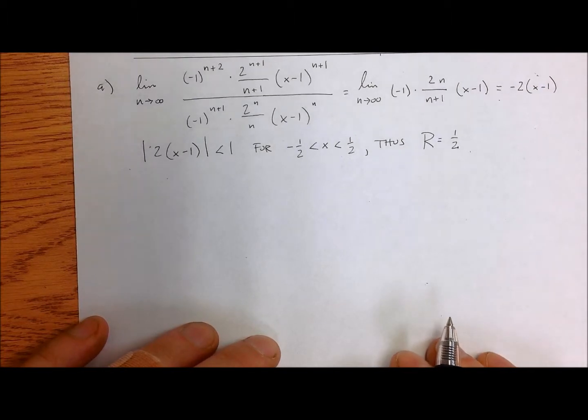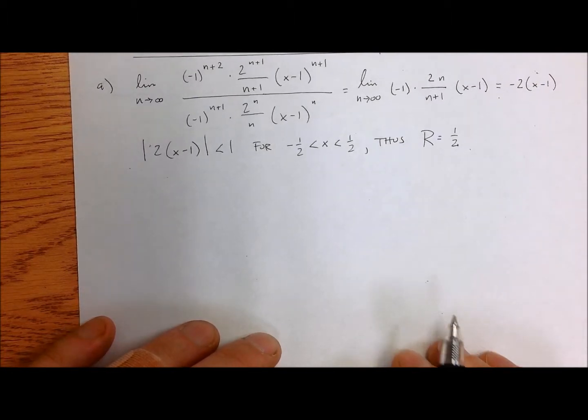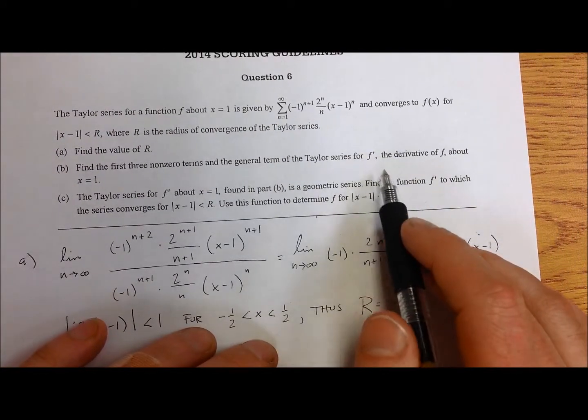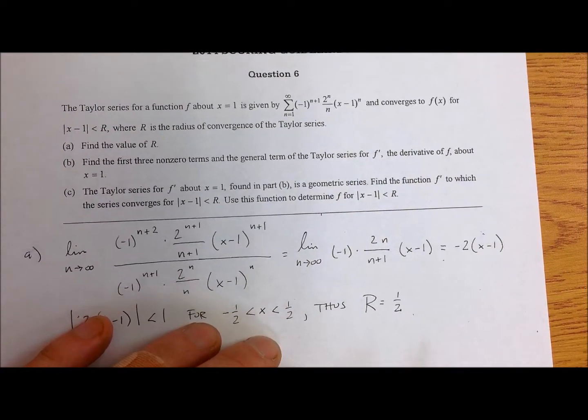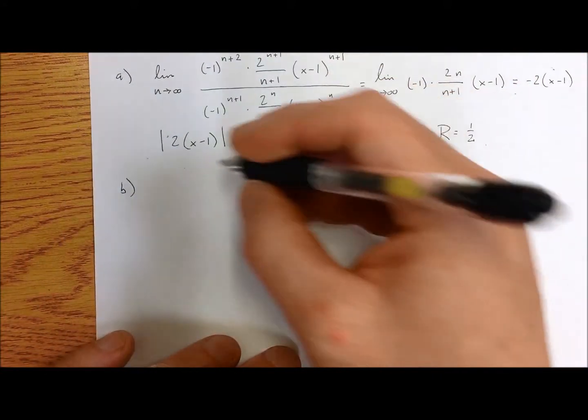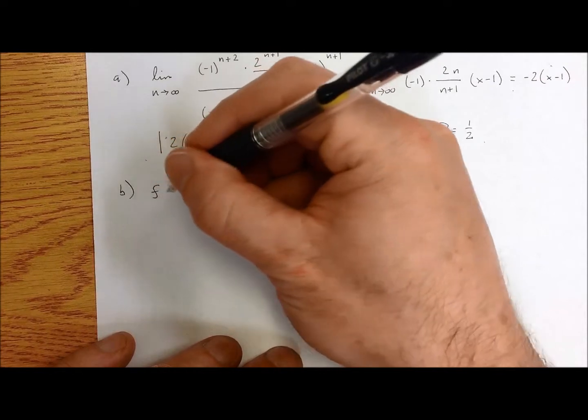For part B, it says find the first 3 non-zero terms and the general term of the Taylor series for f prime, the derivative of f, about x equals 1. The whole idea here again is to actually write things down. If you actually write out f, it's really not that bad.